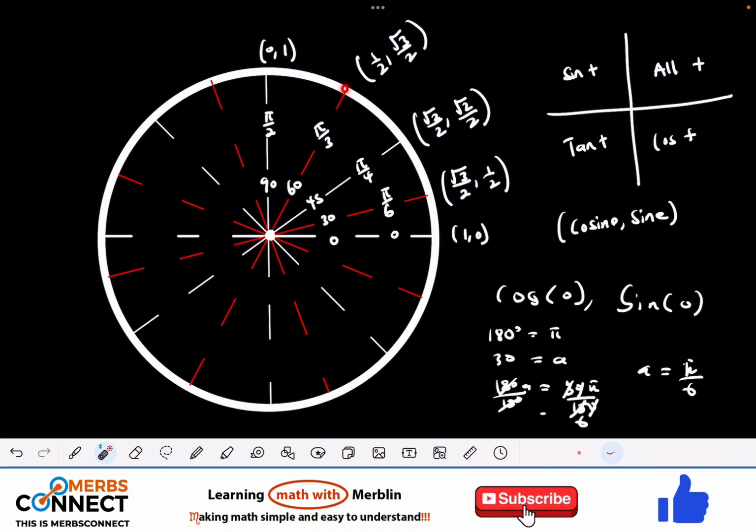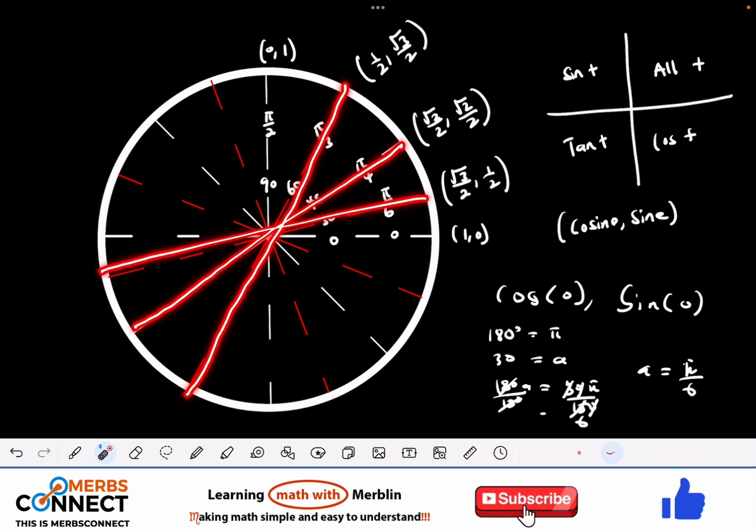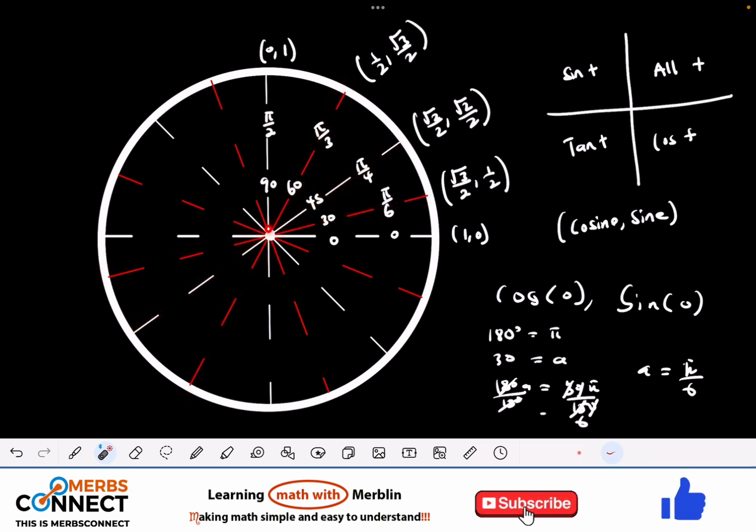Now I'll start by going this way, and that way, right? Or let me go to the second quadrant first. With the second quadrant, look at this line here, the one with 30 here. It goes with this. So I'm going to pick this whole thing to this side.